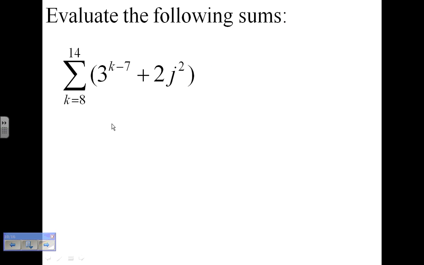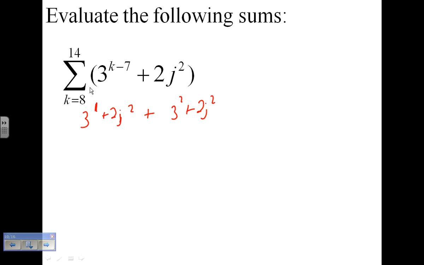Try this one. This one's got K's and J's in it. This is interesting. I wonder what the J's are supposed to do. I don't know. I'm just going to list it out. It's not that many terms. So 3 to the first plus 2j squared plus 3 squared plus 2j squared.